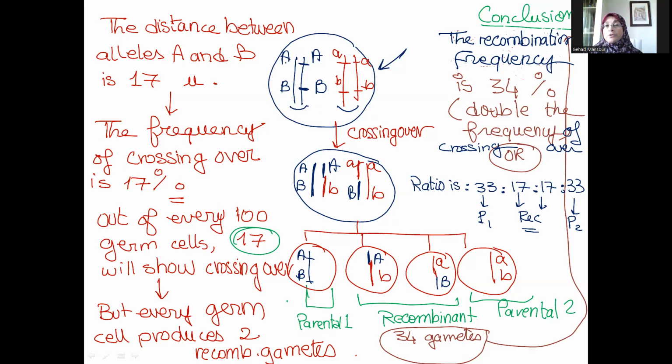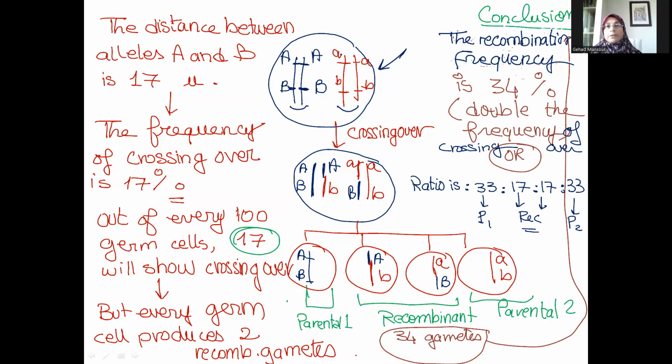I've selected dominant alleles for the paternal chromosome and totally recessive alleles for the maternal chromosome, just for one simple reason: to make the differentiation easier. And of course, as you can see, the paternal chromosome is duplicated and the maternal chromosome is duplicated because we are still in metaphase 1, not in metaphase 2.